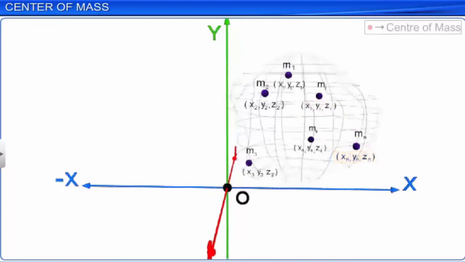The center of mass of a given system of n particles is a point in space.